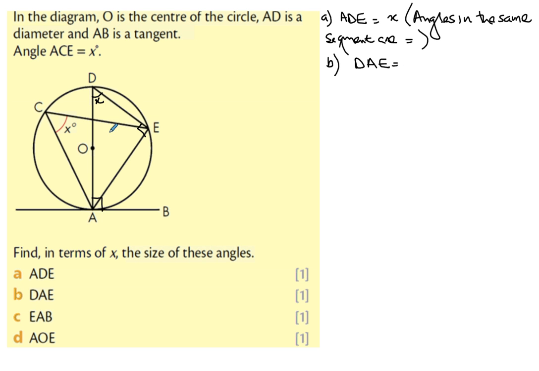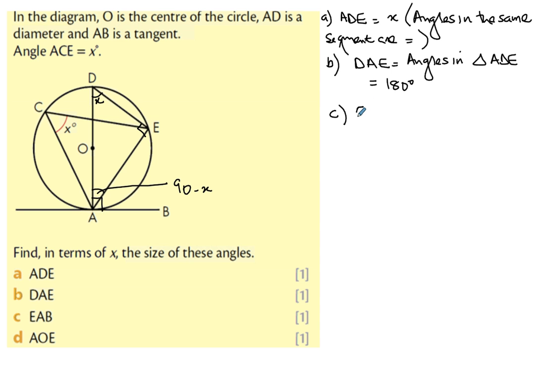In terms of X, that's 90. You know they all come to 180. So this bit here will be 90 minus X. And you just say angles in triangle ADE equals 180.